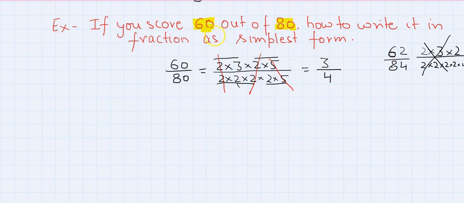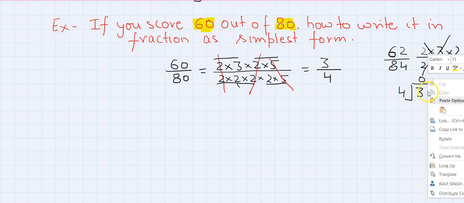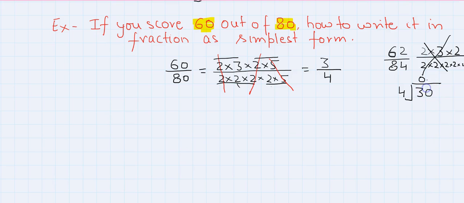Here we can learn one more thing. Suppose you have to tell what percentage you have got. So you have to divide 3 by 4. You know this method. You can use your calculator to get the answer, but you can divide it also. 4 is bigger than 3, so we put 0 point. We can add a 0 here. Now 4 times 7 is 28.